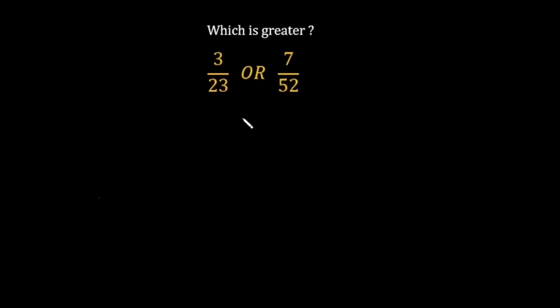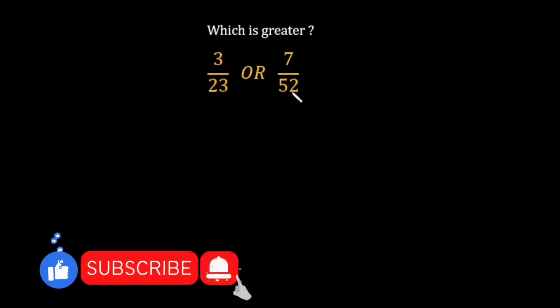Hello everyone. In this lecture, we are going to find which fraction is the greatest, 3 over 23 or 7 over 52. This is actually the question of comparing the two fractions.